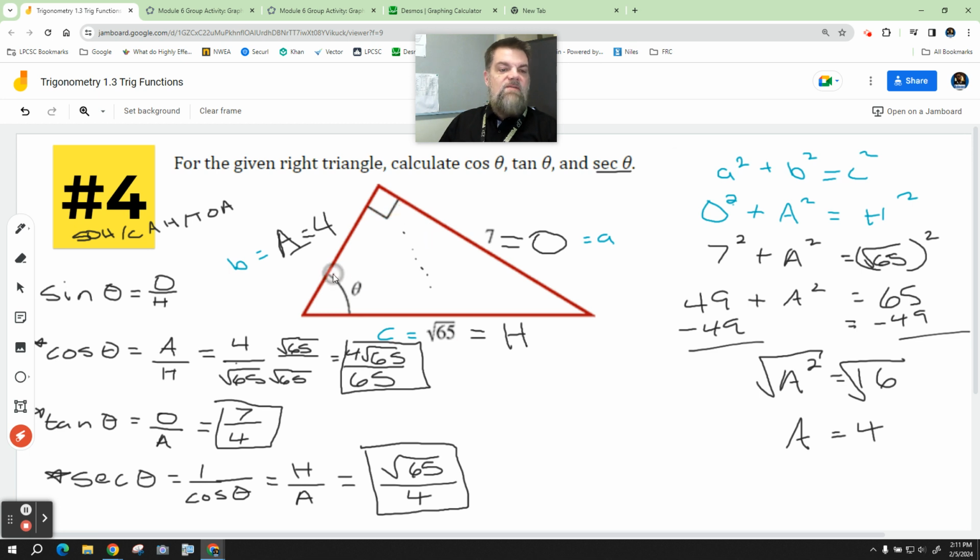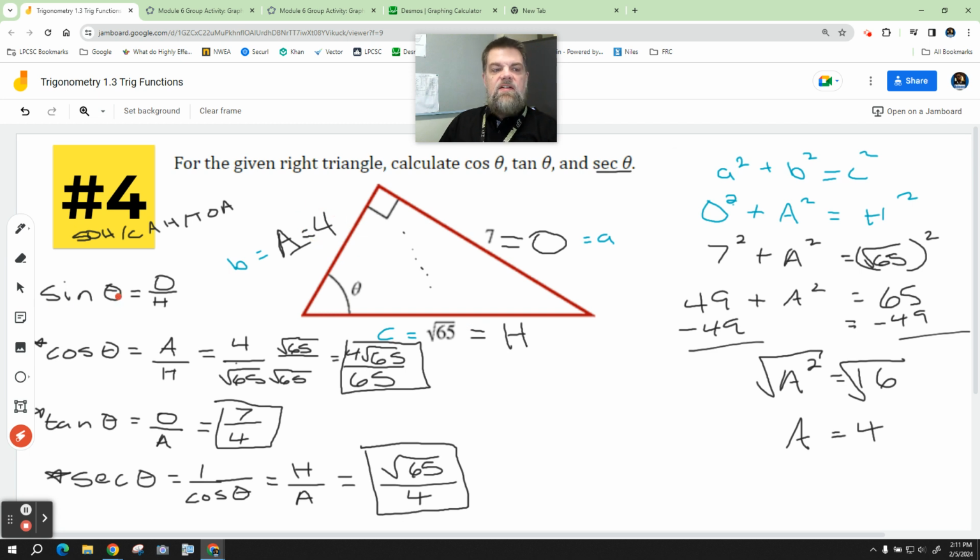But because I'm focusing on this angle, I'm going to label this side as the opposite side. Because this is across from the 90-degree angle, I'm going to call that the hypotenuse. And this is the adjacent.